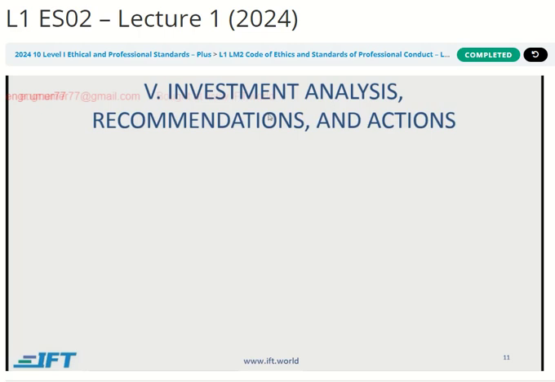Standard 5, investment analysis, recommendations, and actions. Here we have 3 substandards. 5A is diligence and reasonable basis. You must exercise diligence, independence, and thoroughness in analyzing investments, making investment recommendations, and taking investment actions.